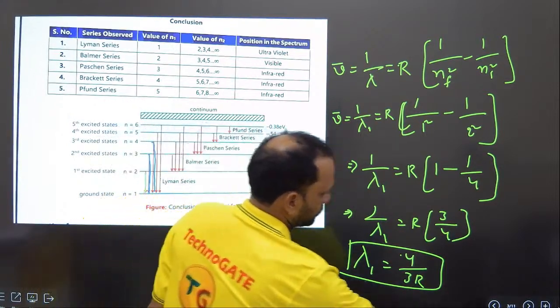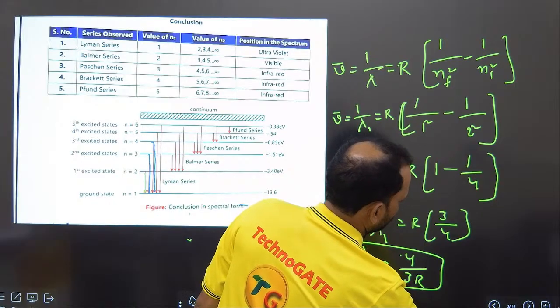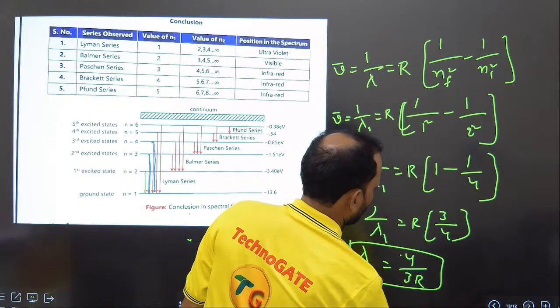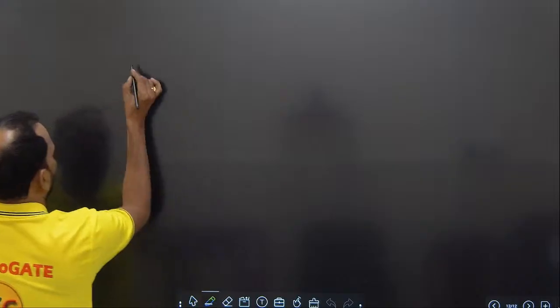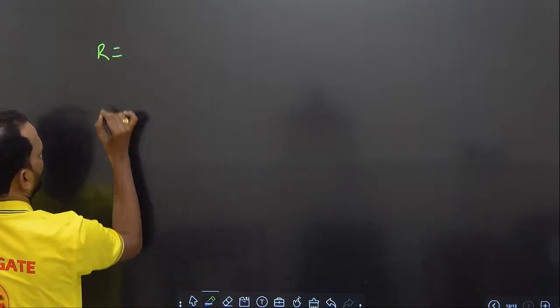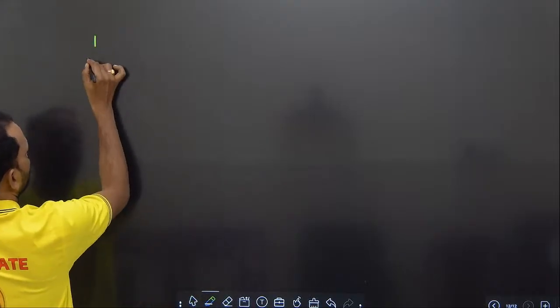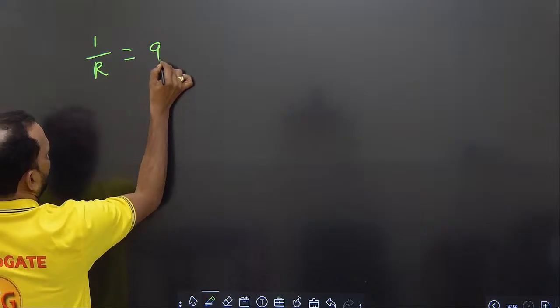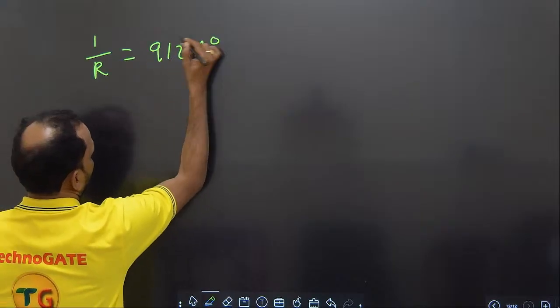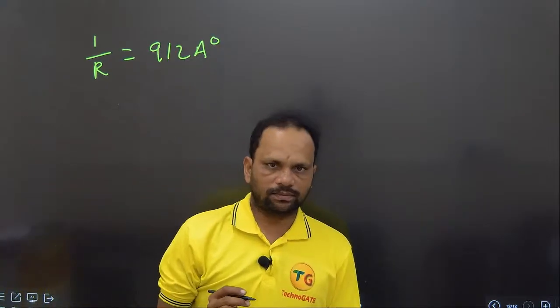So next, R is the Rydberg constant, and we have to remember one thing: 1 by R value is 912 angstroms.